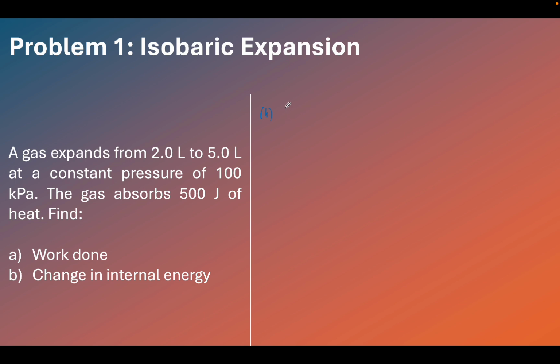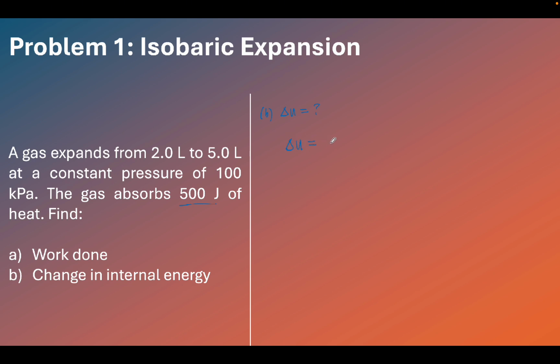So in letter B, we will solve for the change in the internal energy. For the change in internal energy, we will use the first law of thermodynamics. Since we are given the heat, and we already solved the work done, we can solve for the change in internal energy.